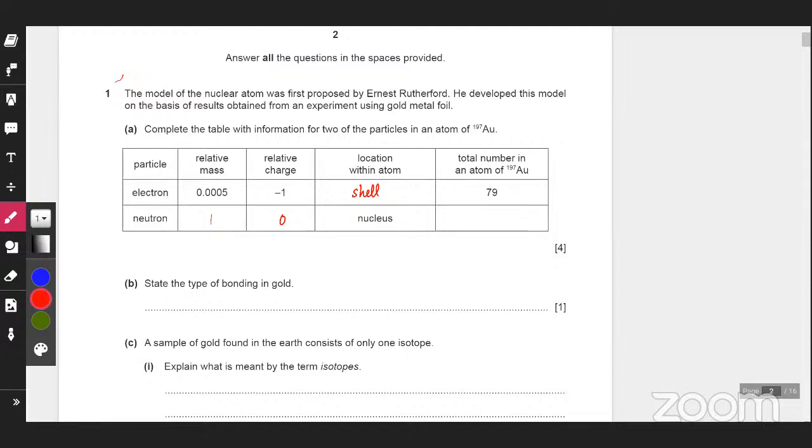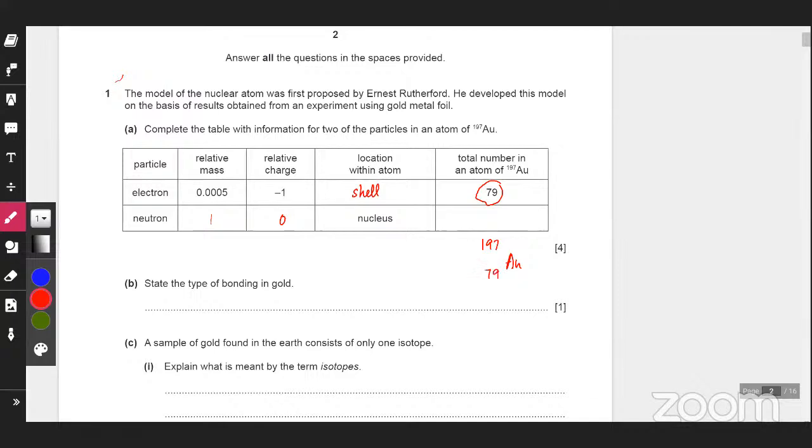It's a transition metal. Oh, they actually gave it here. Au has a nucleon number of 197, and the proton number is probably 79.